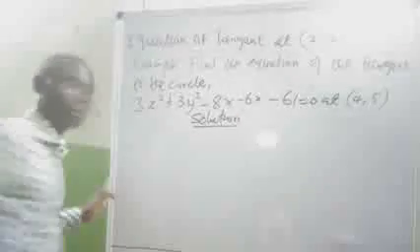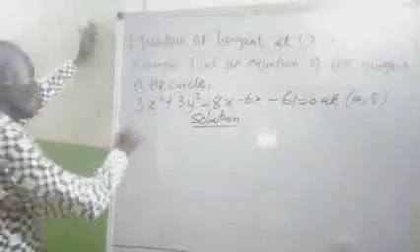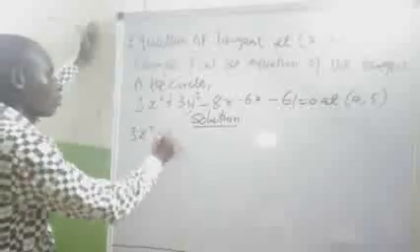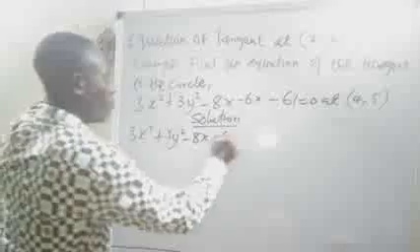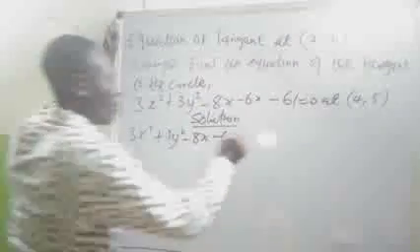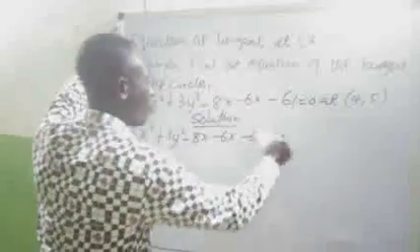Solution. We have 3x squared plus 3y squared minus 8x minus 6y minus 61 equals 0 at (4, 5).